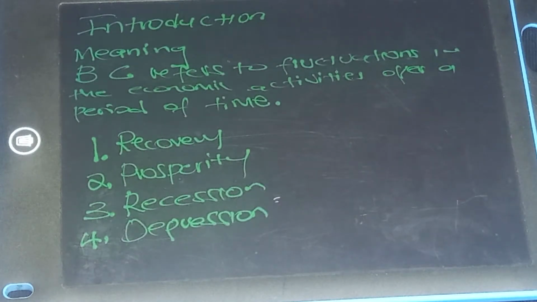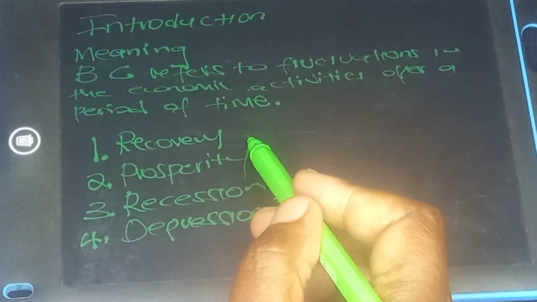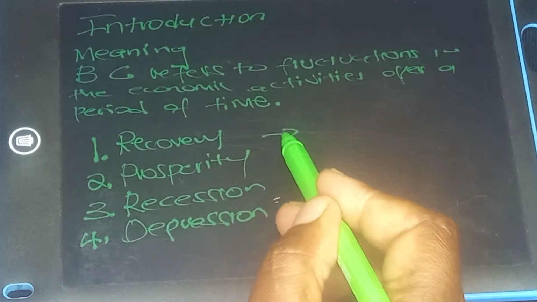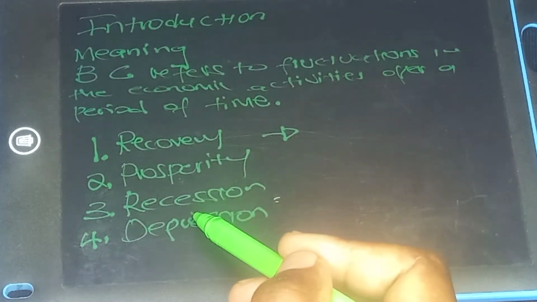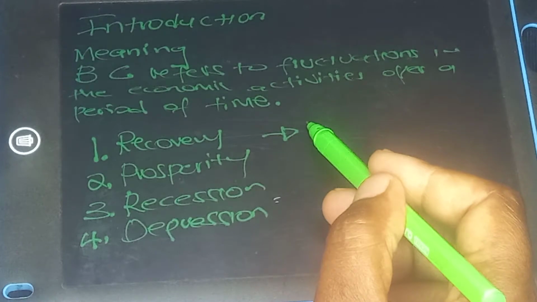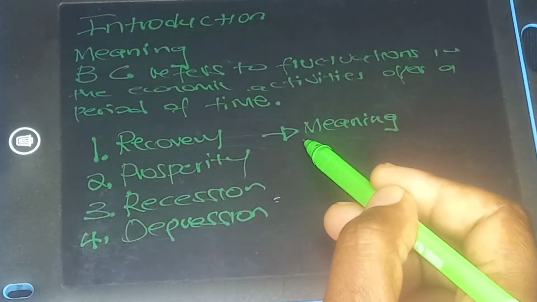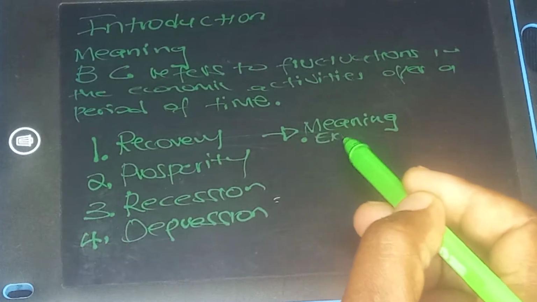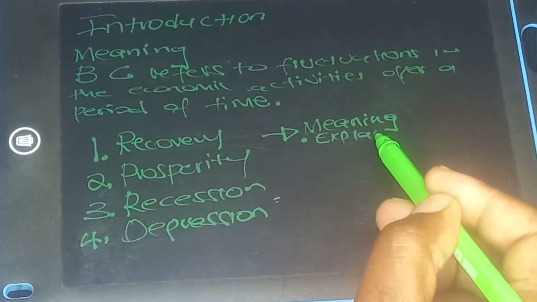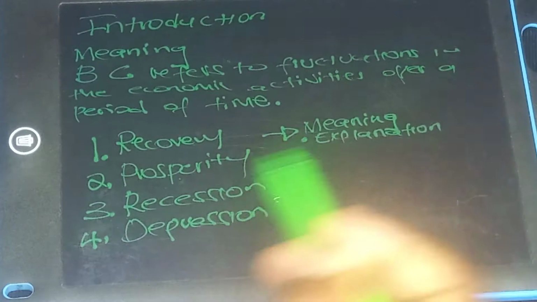Remember, in writing the essay, the first thing that we are going to do is to write this as a subheading. We write the meaning. After the meaning, we give explanations.